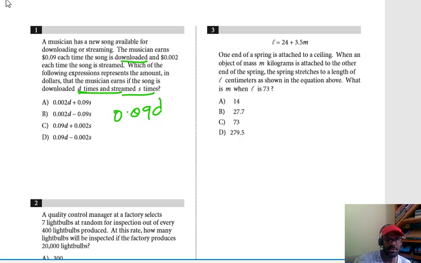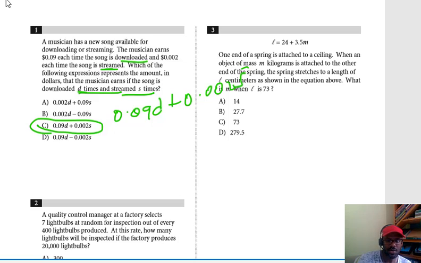Okay, and stream is times, plus 0.002 each time the song is streamed. Alright, so obviously 0.09D is this one. Okay, so this is just application of linear equation.